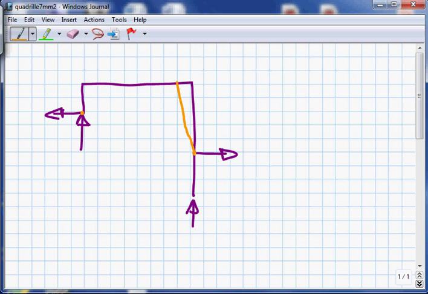Remember, whatever happens here must be the same here. That's really important. Just through experience I can see that its bending moment is constant along here, and then it must go back to 0. So there we go.